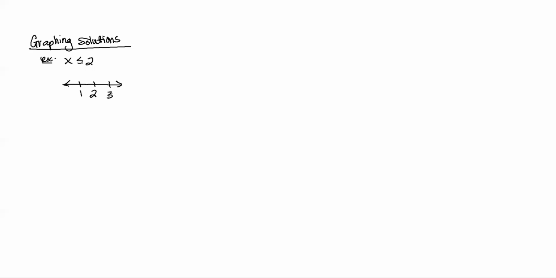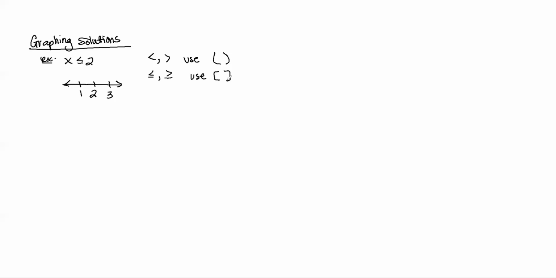And then what we're going to do is, instead of using open circles and closed circles like you might have seen before, we're going to stick to parentheses and brackets. So if it's a less than or a greater than, we're going to use parentheses. If it's less than or equal to or greater than or equal to, we're going to use brackets.